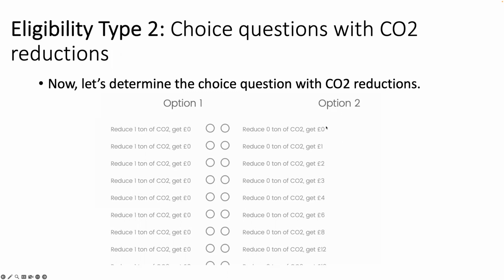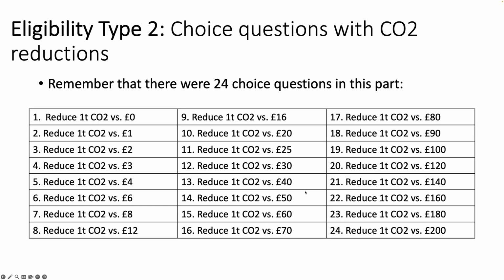The monetary amounts varied from top to bottom. At the top, the monetary amounts were low, such as 0 pounds or 1 pound for you, 2 pounds. And towards the bottom of the table, the amounts increased. There were in total 24 rows in the table, corresponding to 24 different monetary amounts in option 2 on the right.